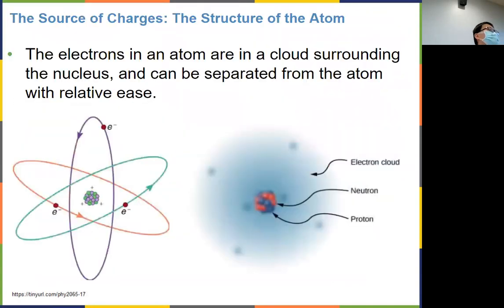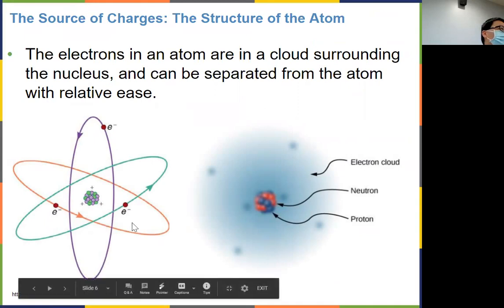All right. Now, the source of charges, as I mentioned, is that different materials have different tendencies of losing electrons. So materials are made of molecules or atoms. They are basically made of atoms because molecules are made of atoms as well. So each atom will have a nucleus and electrons surrounding it.